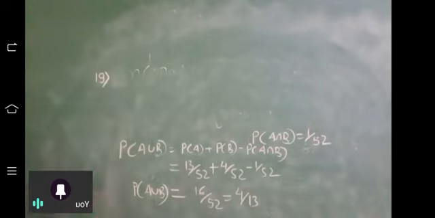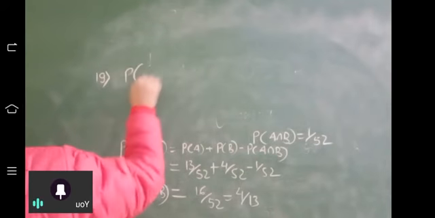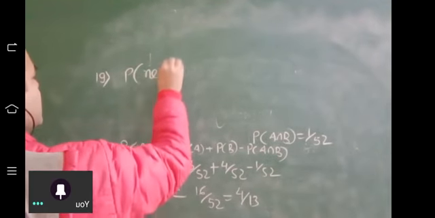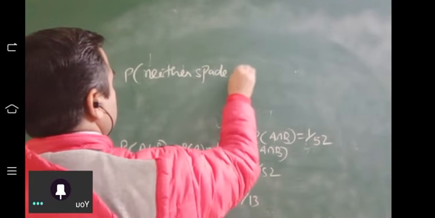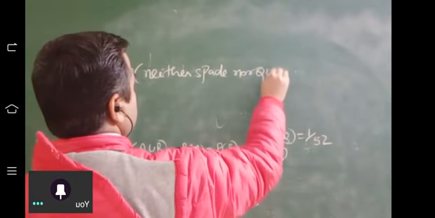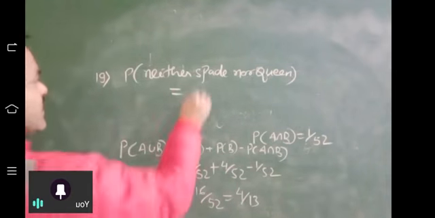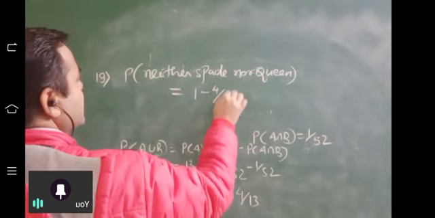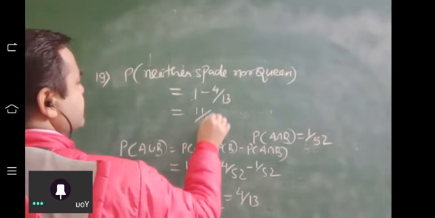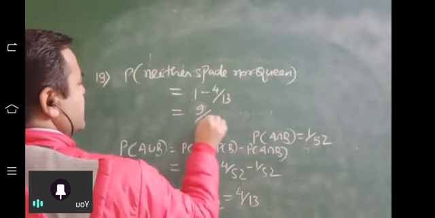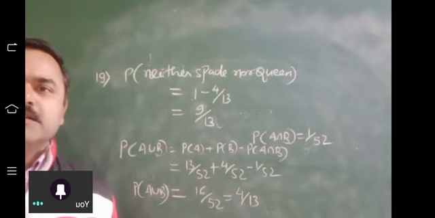Neither spade nor king is equal to how much? 1 minus 4 by 13, okay, 9 by 13 is the answer, and this is the probability.